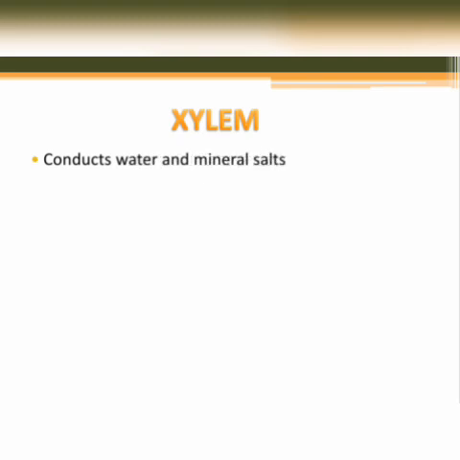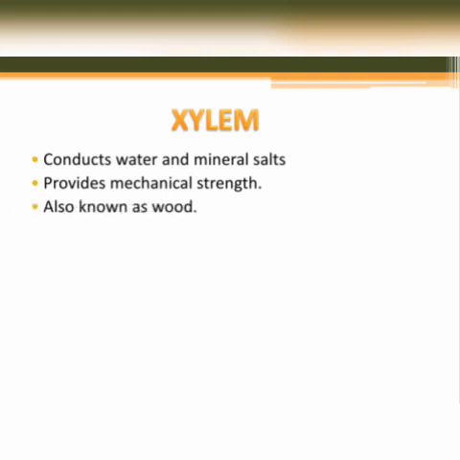The next topic which we will discuss is xylem. Xylem is that complex tissue which helps in conducting water and mineral salts. Not only that, it also provides mechanical strength, and xylem is also known as wood.